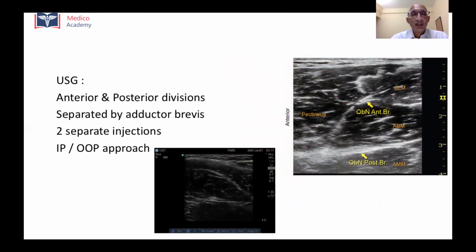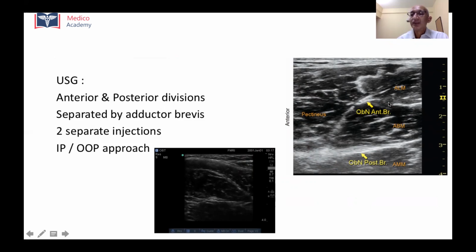With the help of ultrasound, it's very easy to perform this block. We don't actually see the anterior and posterior divisions as they are separated by adductor brevis. So we find, in the medial aspect of the thigh, medial to the femoral vessels, as the pectineus is getting out of view, these three muscles: adductor longus, adductor brevis, and adductor magnus.